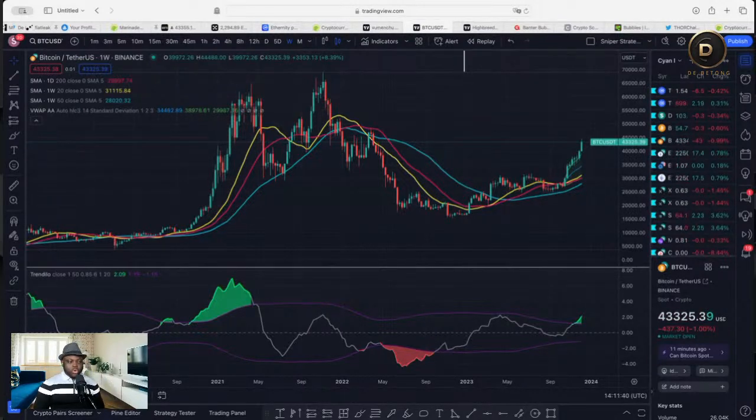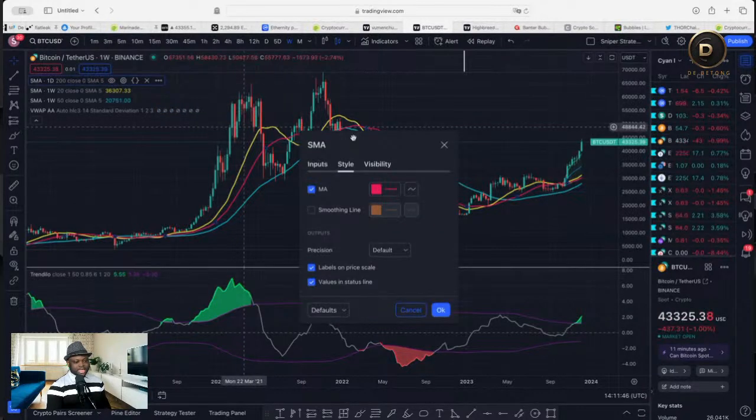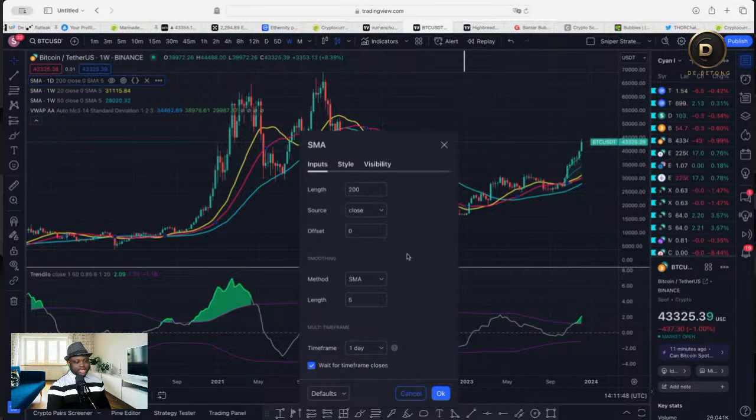So how do you set it up? Let me go to this moving average so you can see how I set it up. It's pretty easy. You can see here the length is 200. The length below is 5, the method is SMA, and the time frame is 1 day.